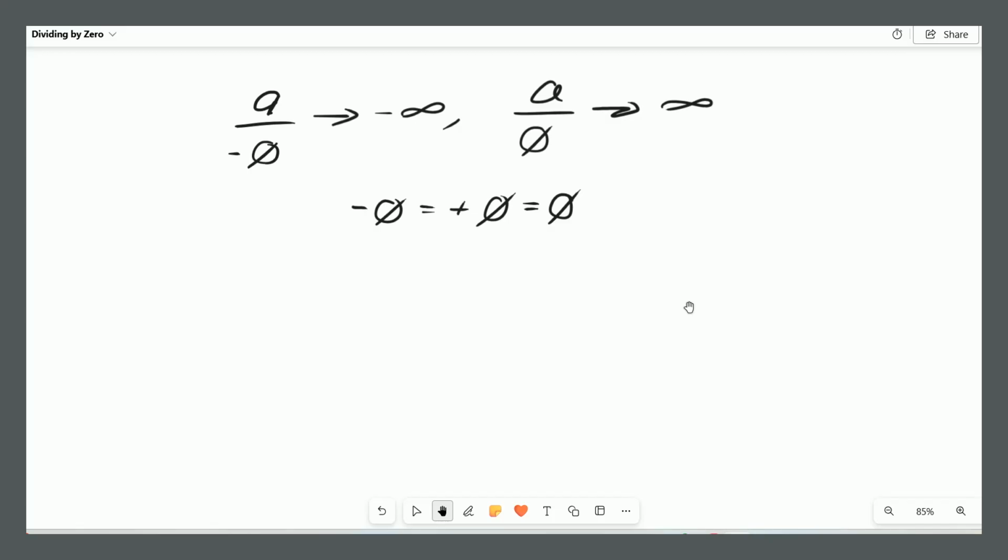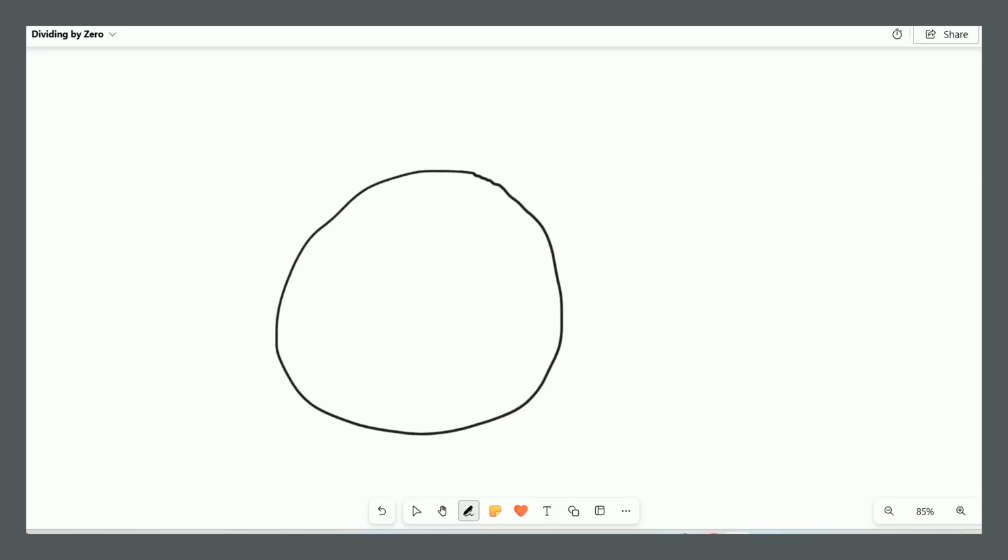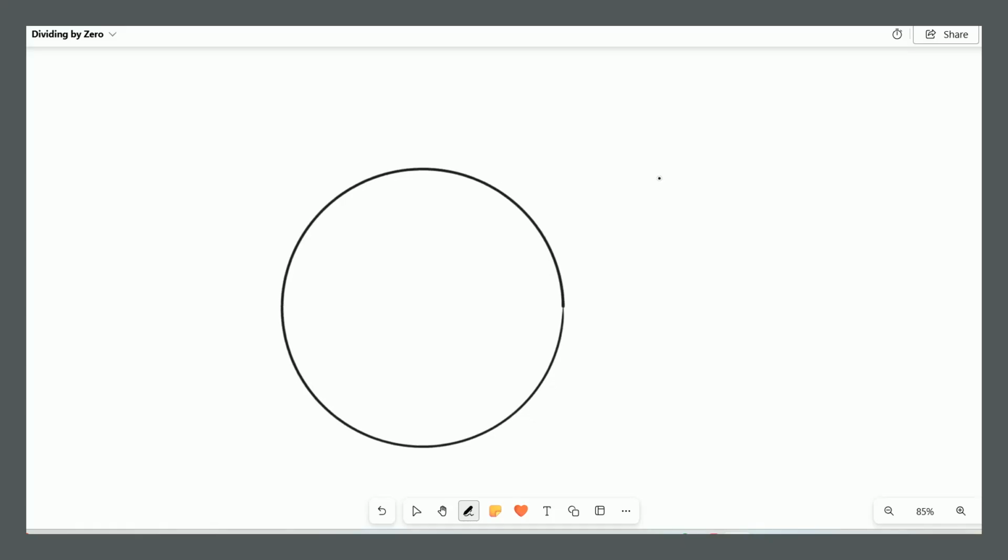Now, I won't get into calculus here, but I will give you a thought experiment which shows you where maybe this actually does not create a contradiction. Consider two people walking forever in opposite directions.